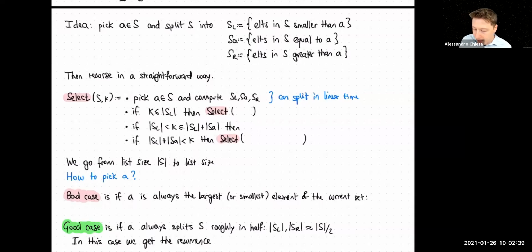And now we have various cases for the recursion. Let's say that the index that I'm trying to select happens to be at most the number of elements that ended up less than A. What should I recurse on here?